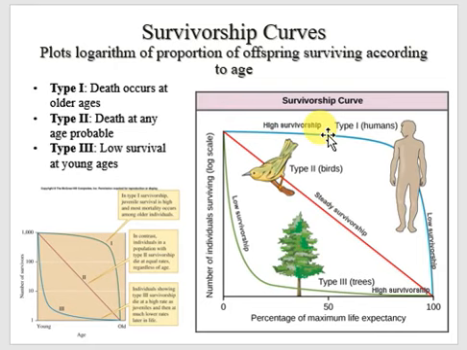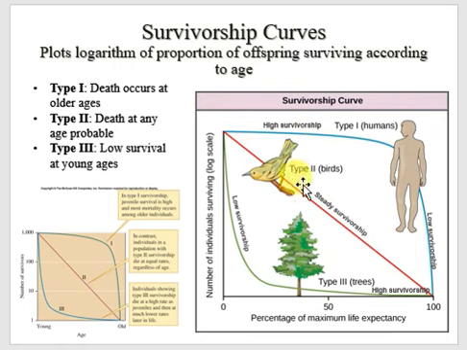Some species that are representative of this: humans, primates, most of your mammals in general have a type 1 survivorship curve, largely because death primarily occurs in the older years. There's very high survivorship in the younger to mid years.